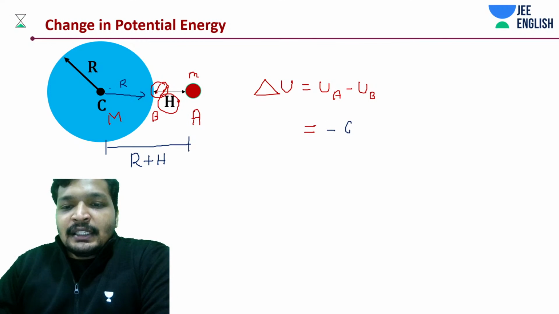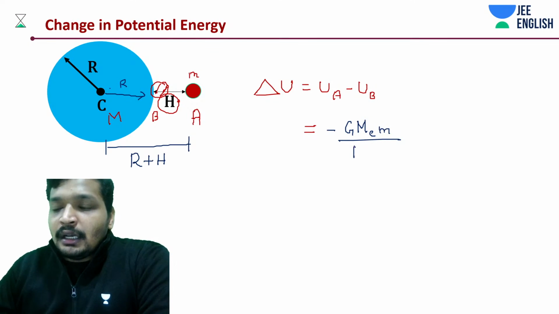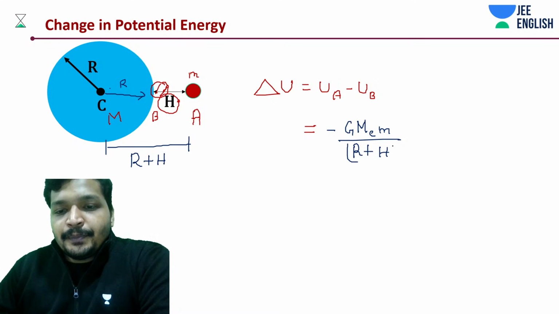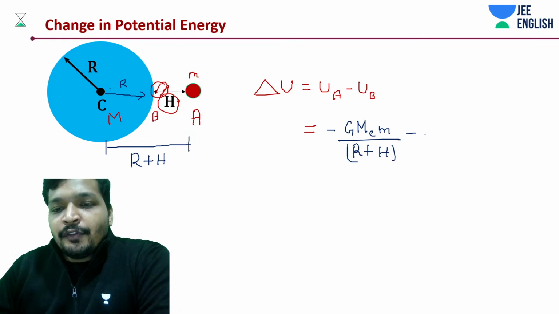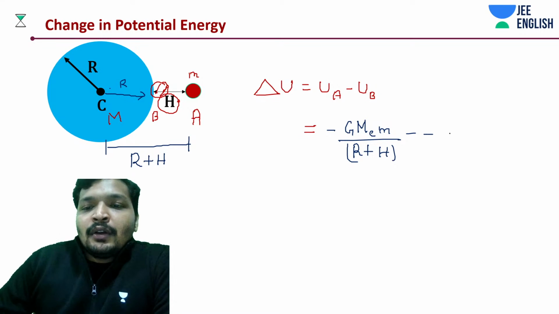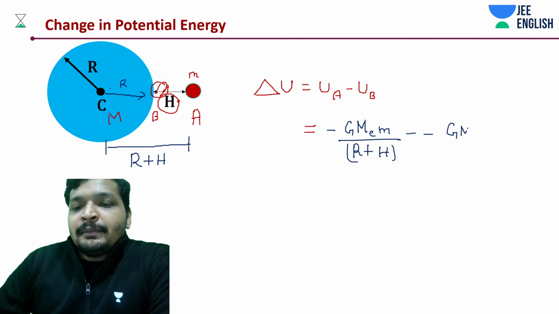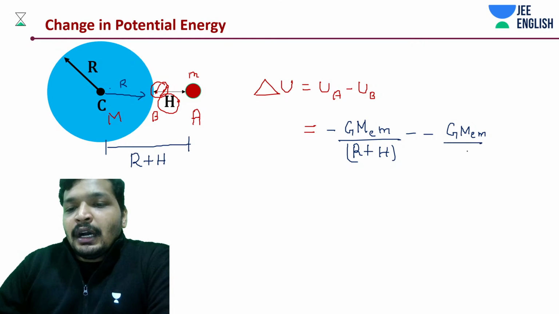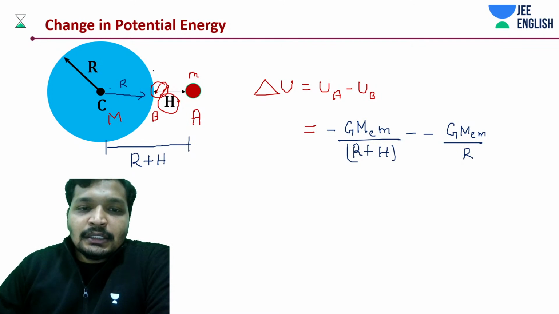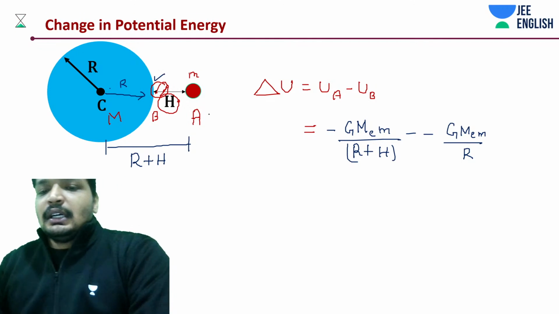So this is minus G M_e into m divided by r plus h, minus of minus, okay, G M_e m divided by r. The moment it reaches, the distance is just r.